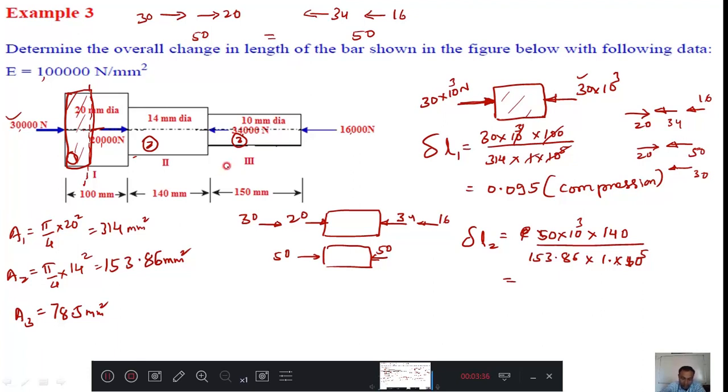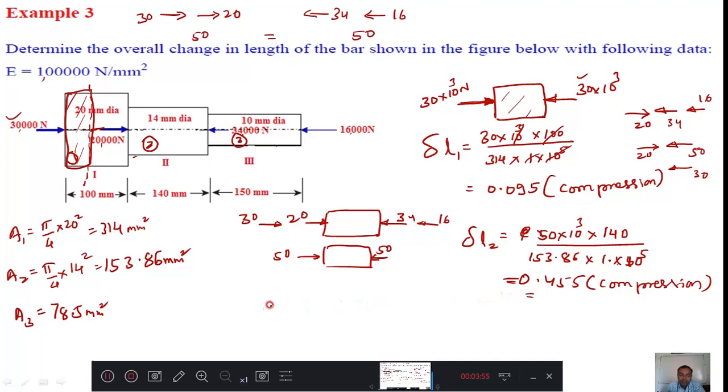The answer is 0.455. This is also compression.